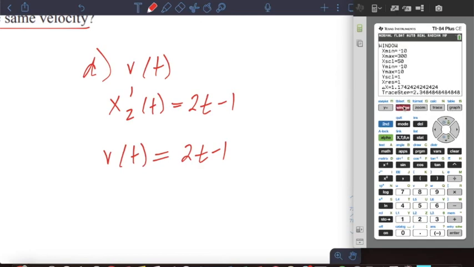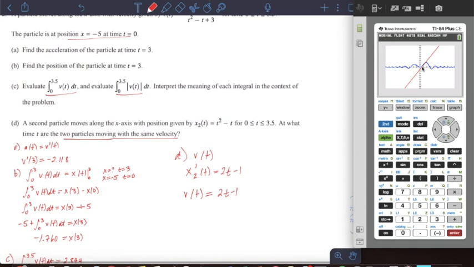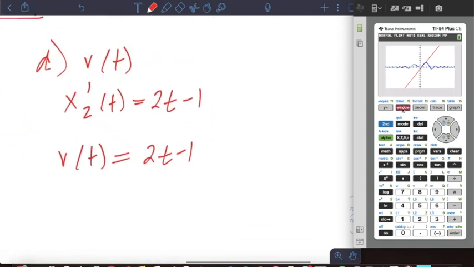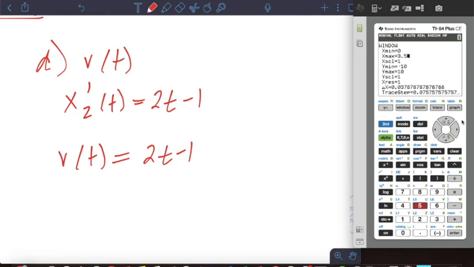My calculator is still set from problem 1, so I'm just going to go zoom standard, and we'll see what this looks like. I probably want to zoom in a little bit more because this is really tight and I may not be able to see it. Now the bounds on this problem say from 0 to 3.5, so on my window, I'm just going to make that from 0 to 3.5 because that's all my graph is situated on.